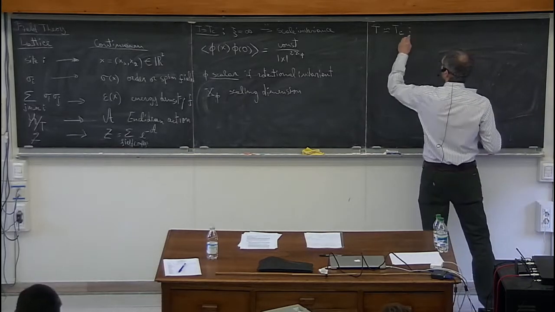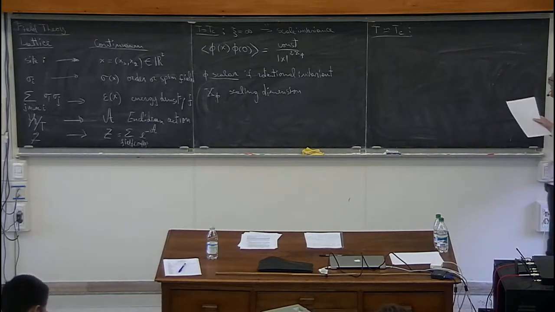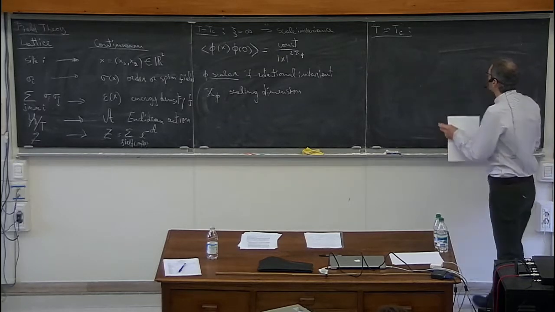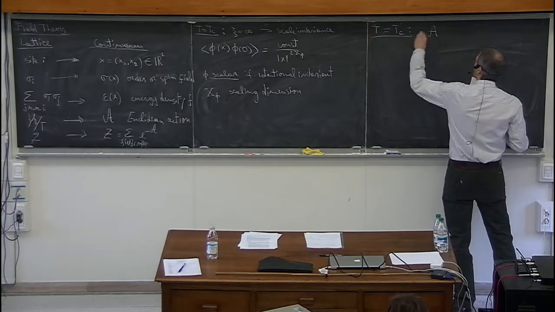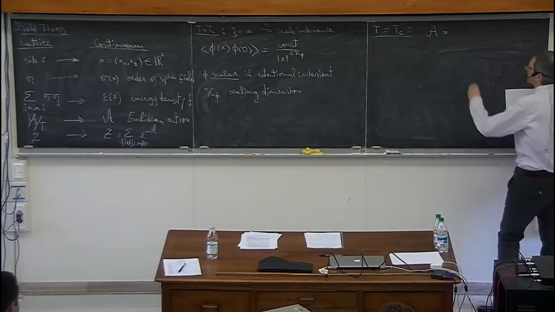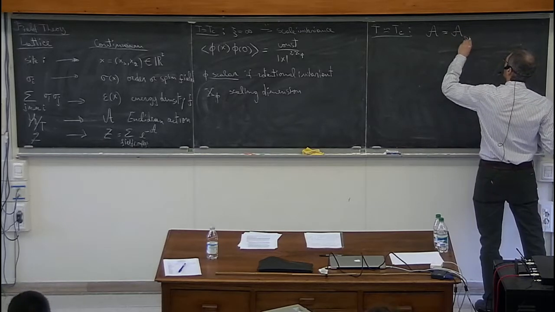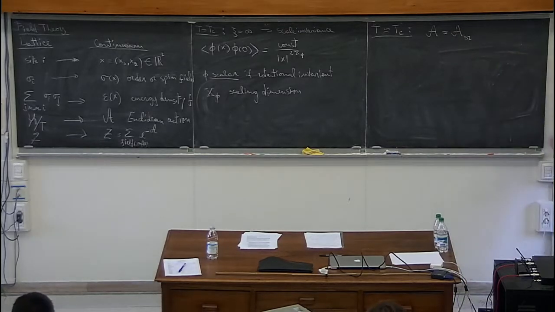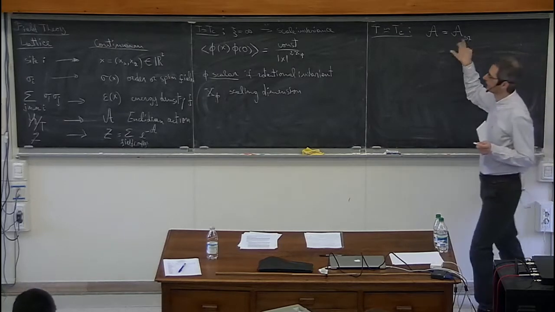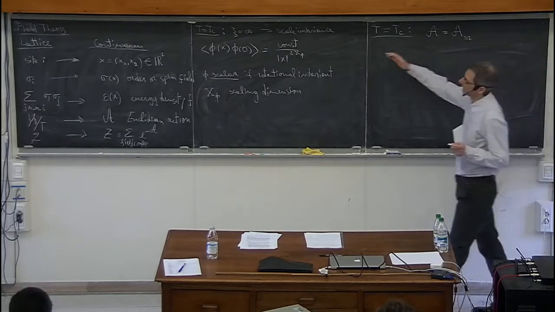How do we characterize this? The statement is the following. We characterize the system close to criticality by an action, which we construct this way. We start with the action of the critical point, which I call the scale invariant action. So this is the action of the scale invariant point T equal Tc.